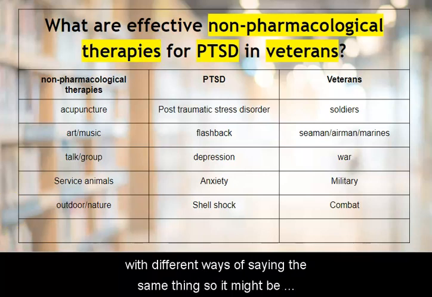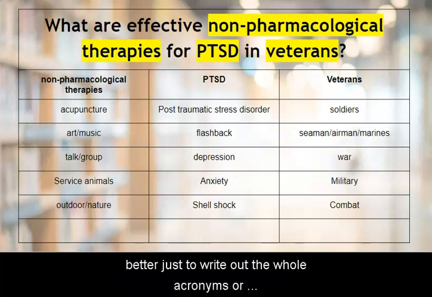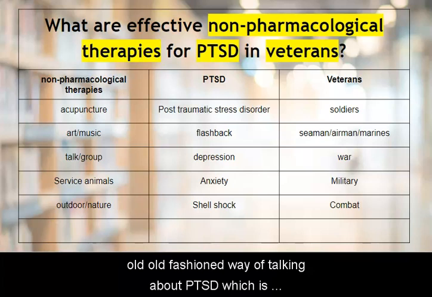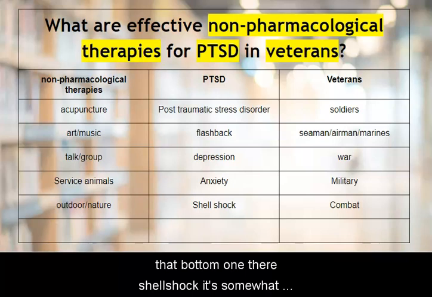For PTSD, we need to come up with different ways of saying the same thing, so it might be better just to write out the whole acronym, post-traumatic stress disorder. Or you can even do the old-fashioned way of talking about PTSD, which was that bottom one there, shell shock.